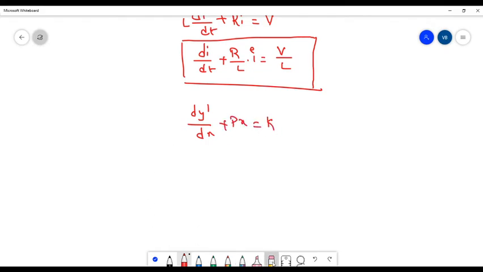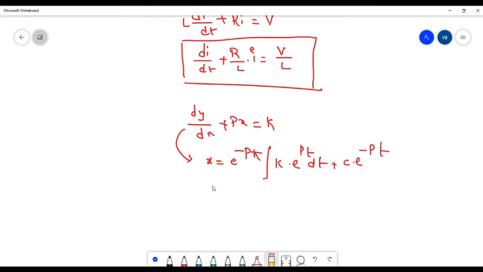This is the format of dy by dx plus px equals k. So for this, what is the solution? You already came across it in maths: x equals e power minus pt integration of k into e power pt dt plus c into e power minus pt. So this is the response of this particular equation.